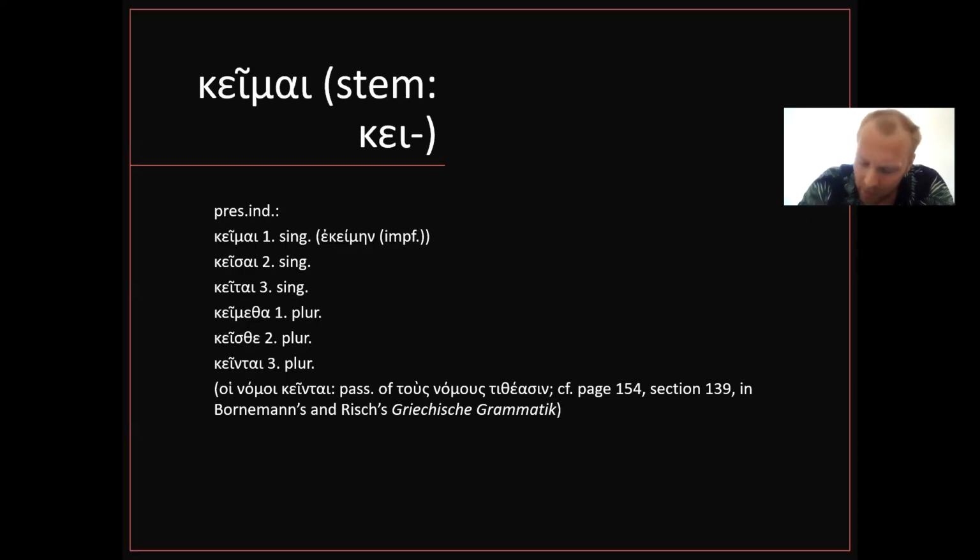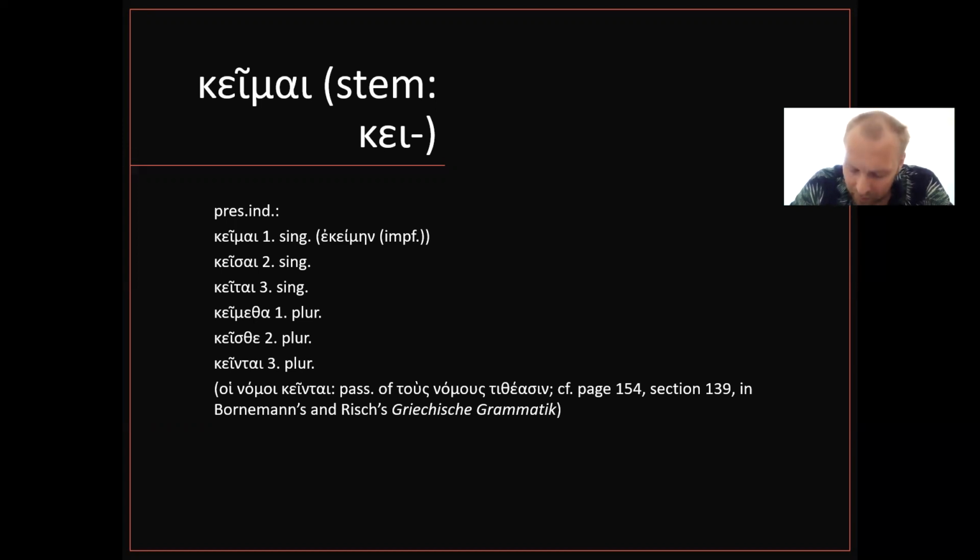Okay. But let's now turn to the third verb on our agenda today, which is keimai, I lie. Here the stem is kei, and in the present indicative, we have keimai in the first person singular, keisai in the second person singular, keitai in the third person singular, keimetha in the first person plural, keisthe in the second person plural, and keintai in the third person plural.